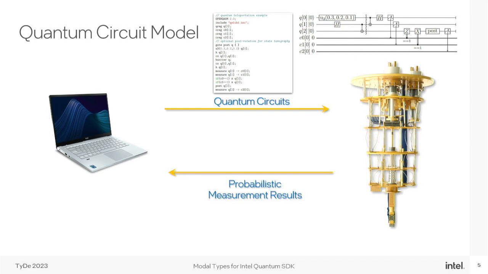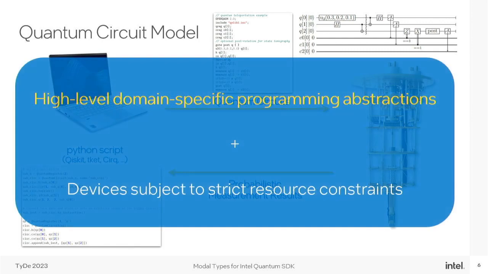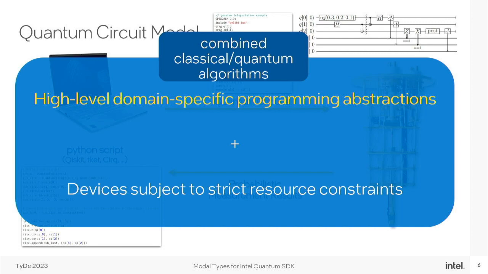So to program these circuits, to construct them, many people use circuit generation frameworks, like there's a number of those in Python that are very popular, to explicitly build up those components. And those circuit generation frameworks are very powerful, but they're limited in terms of the expressivity of mixing the classical and quantum algorithms, specifically because the circuit generation frameworks are predicated on the idea that we're constructing a quantum part and the classical parts are managed separately in some way.